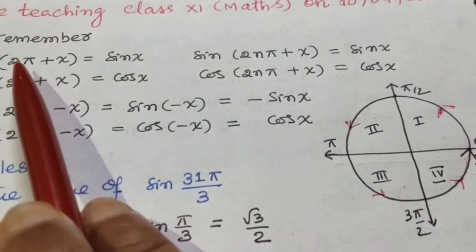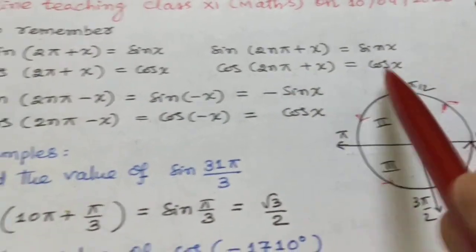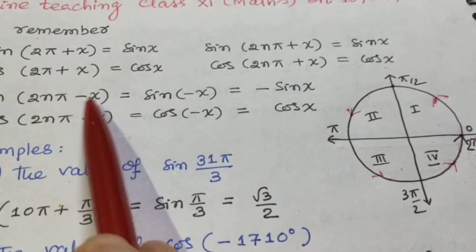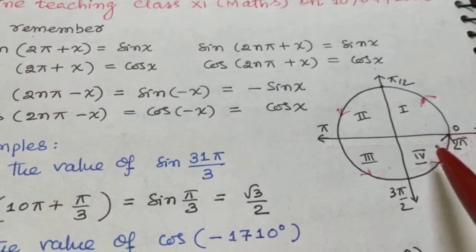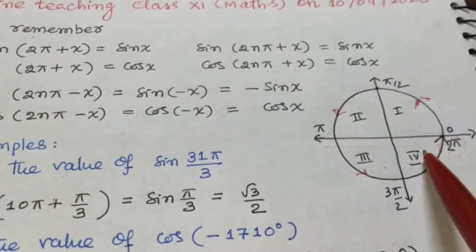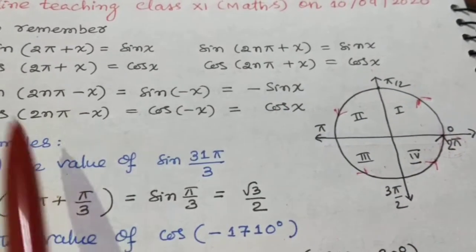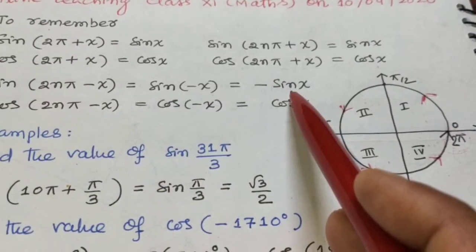In that matter, multiples of 2 pi will be the same thing. But for sine of 2n pi minus x, that is sine of minus x, minus means fourth quadrant. Minus x means going clockwise, fourth quadrant. In the fourth quadrant, what is the sign of sine? Minus.